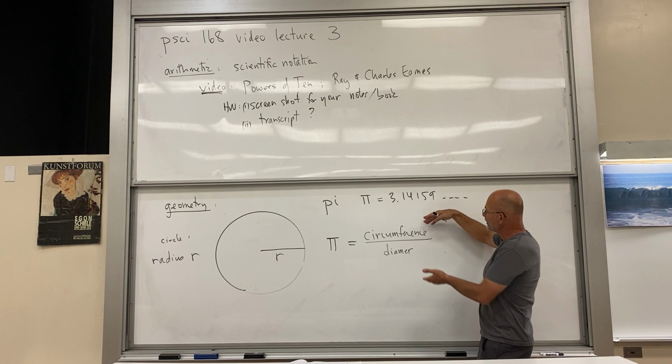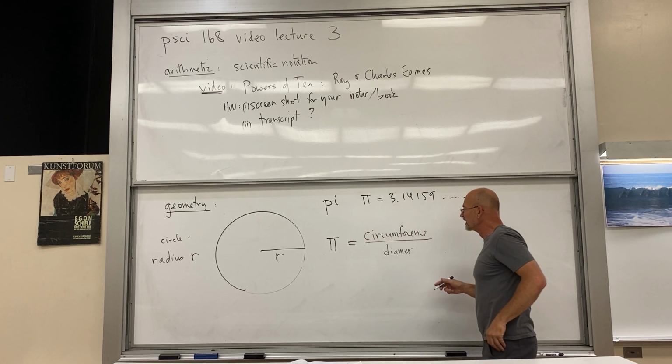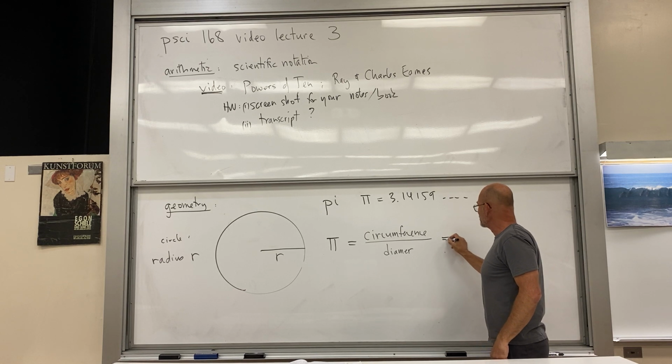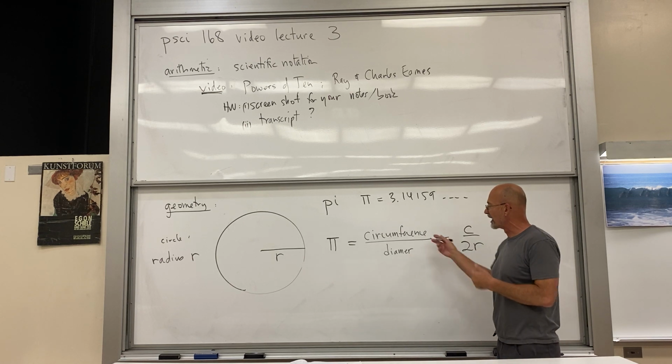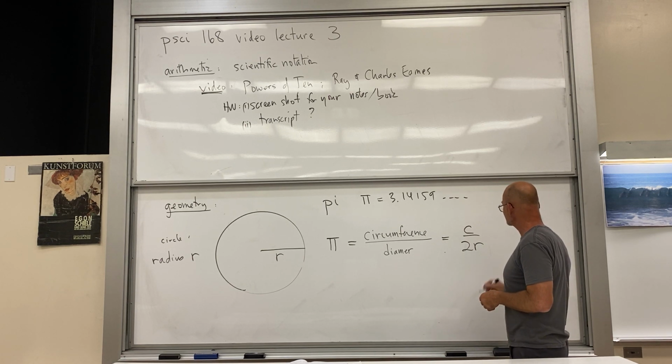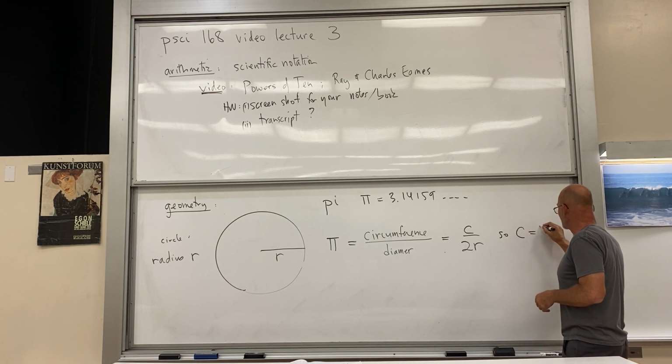So that's why it's just a number. Here's a length and here's another length. Length divided by length is just a number. So it's that ratio, or you could say it's the ratio of the circumference divided by twice the radius, because the diameter is twice the radius. So we have circumference is equal to 2 pi times radius.